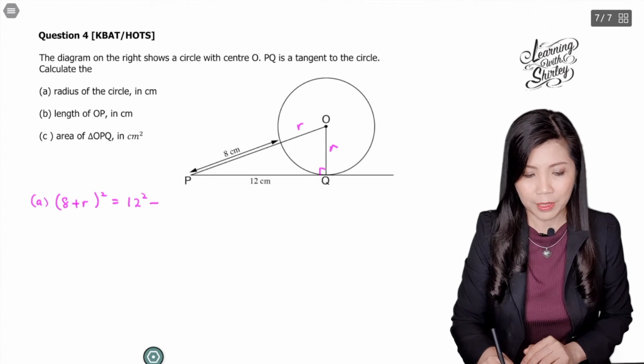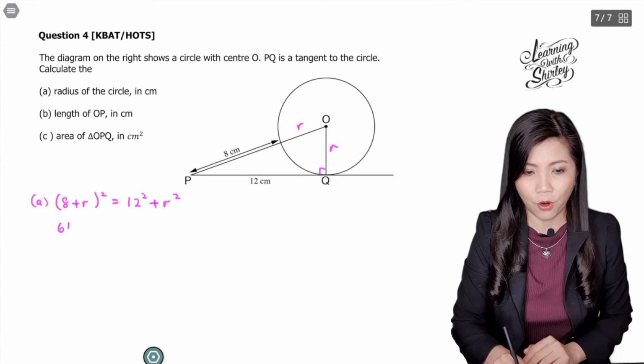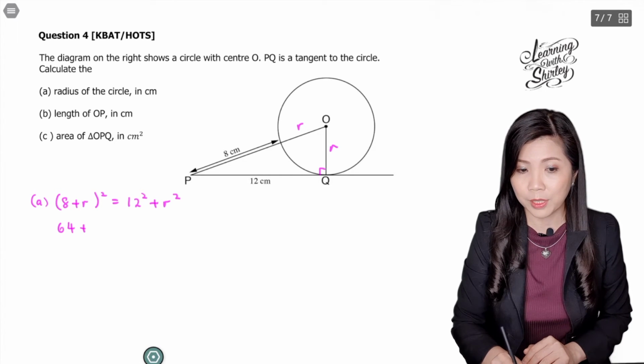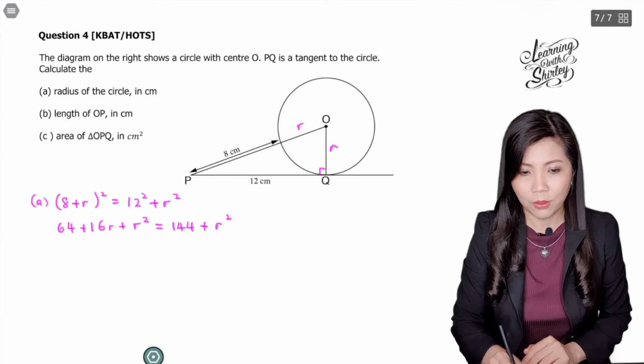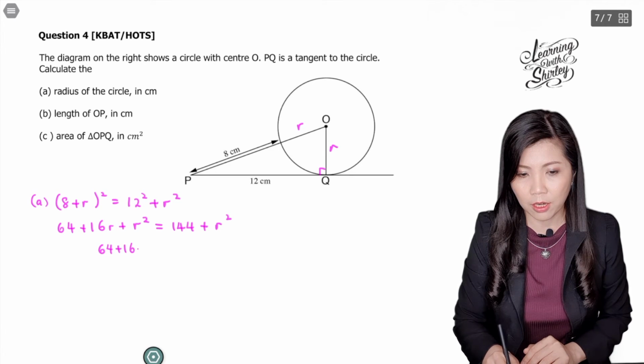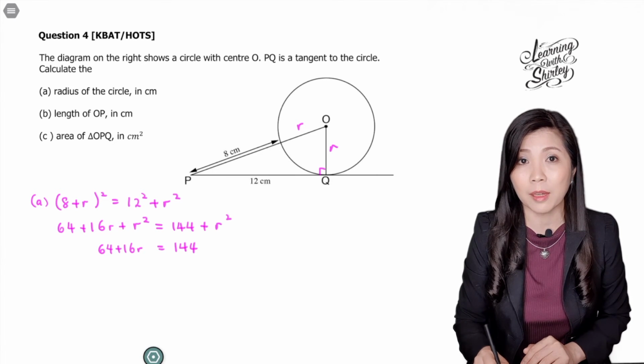square, plus R square. Let's expand this. So 8 square is 64, plus 2 times R times 8 is 16R, plus R square, is equals to 12 square is 144, then plus R square. Okay, so let's solve this. So 64 plus 16R is equals to 144, because R square, when we shift to the right, we minus R square, it becomes 0.